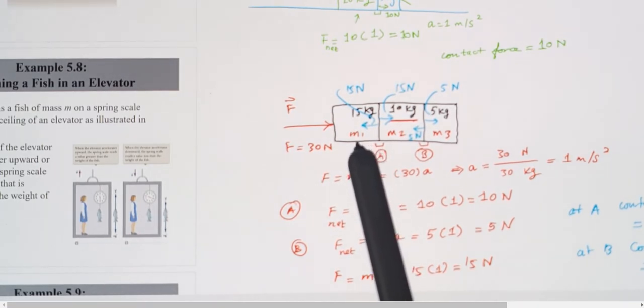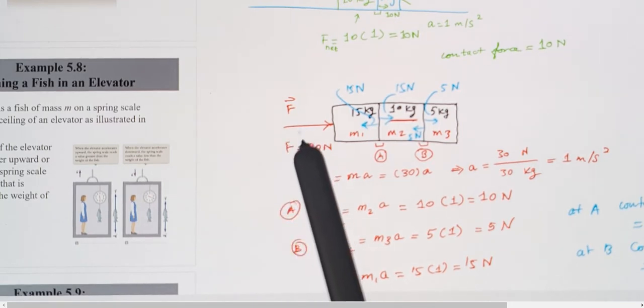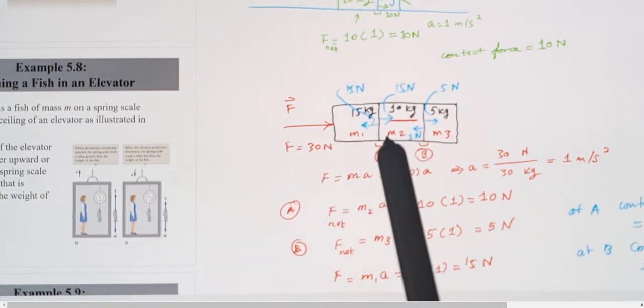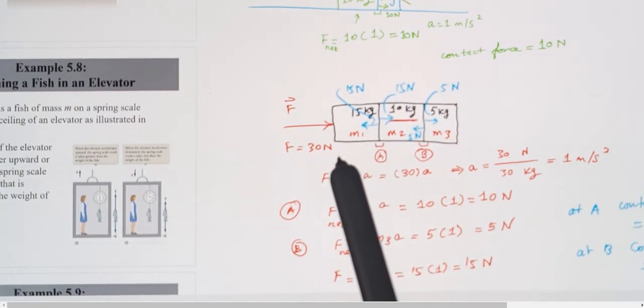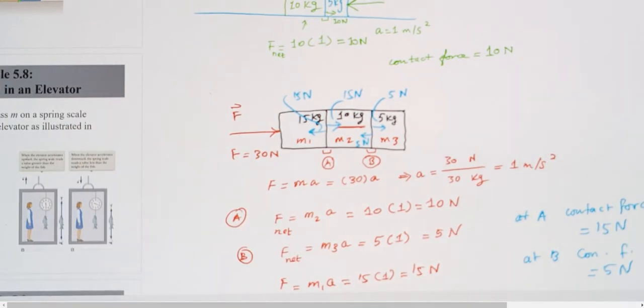That means the net force applied on M1 is 15 Newton. Since it's receiving 30 Newton from the left, that means it has to receive 15 Newton from the right, and that's the contact force.